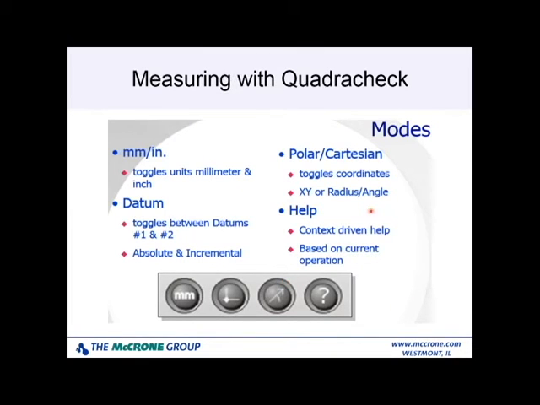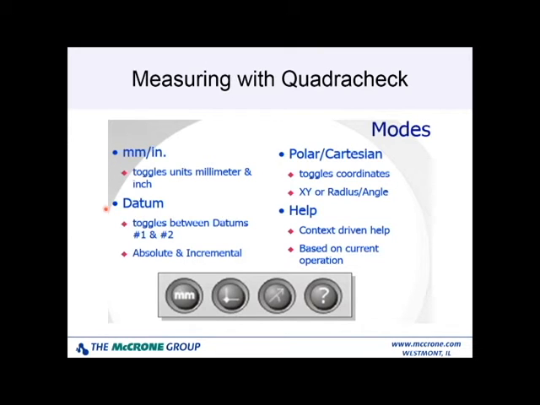When you talk about the mode, you can either set it to measure in millimeters or inches, and you can toggle back and forth. This also allows you to set a datum, and a datum is merely a 0 point on your part. It's usually called out on the blueprint, that allows you to determine where on that part the feature is that you are measuring.